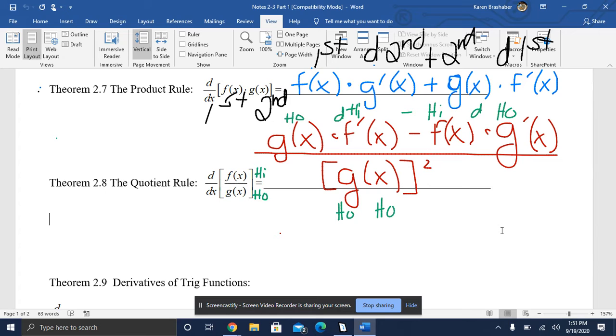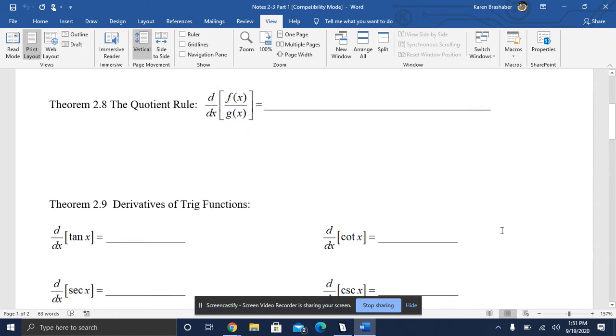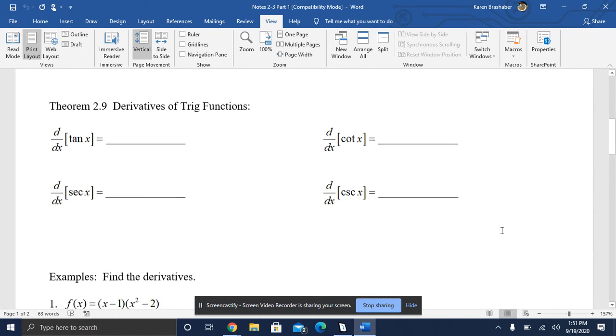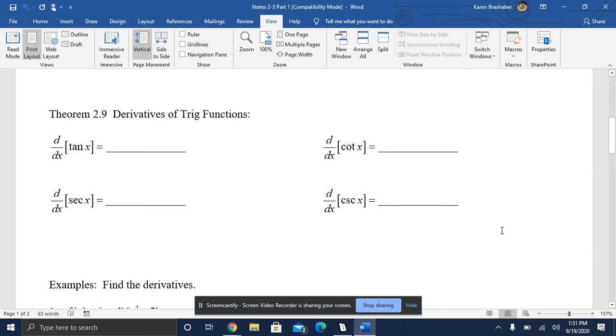I'll have to clear the ink off this screen to scroll up. So going on to derivatives of your trig functions, the derivative with respect to x of the tangent of x is secant squared of x.